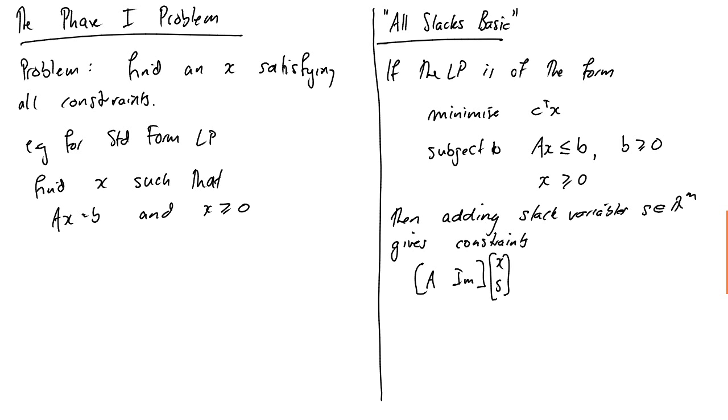I'm just adding in one s for each inequality to make it an equality, like we've been doing previously, and x and s are greater than or equal to 0.